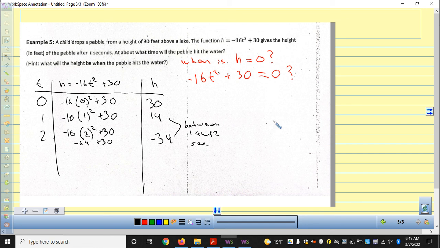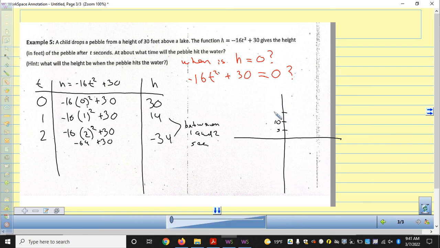So let's sketch a graph. We might be able to get a little better idea if we sketch a graph. I'll go by 5, 10, 15, 20, 25, 30. And I'll go by seconds, 1, 2, 3. So I get a point at 0, 30. I get a point at 1, 14. So that's going to be right about here.